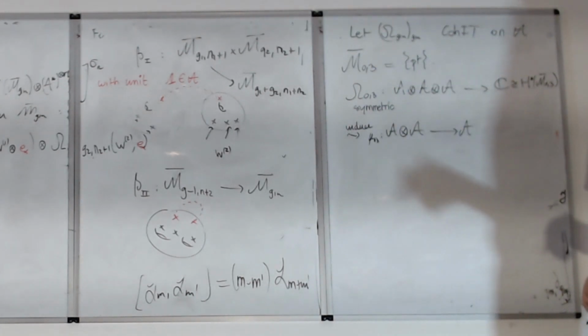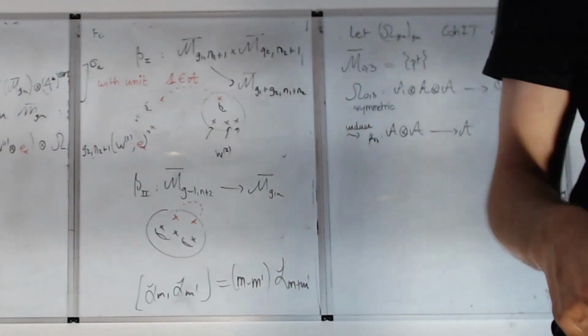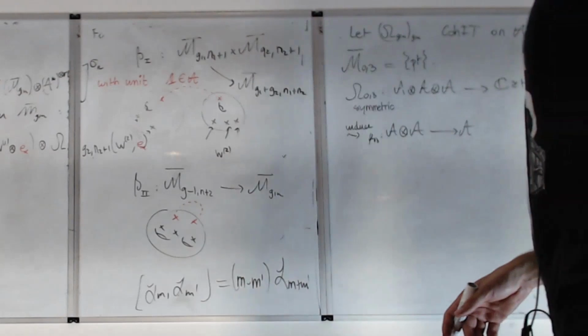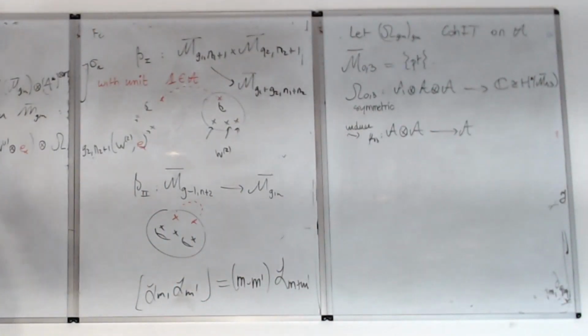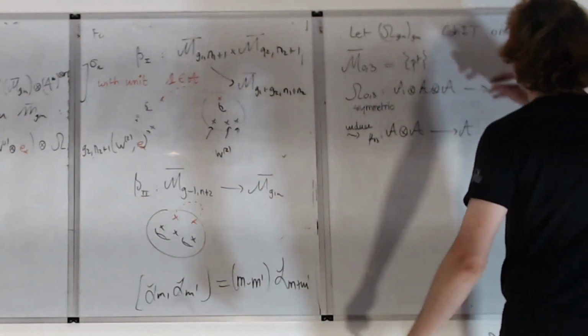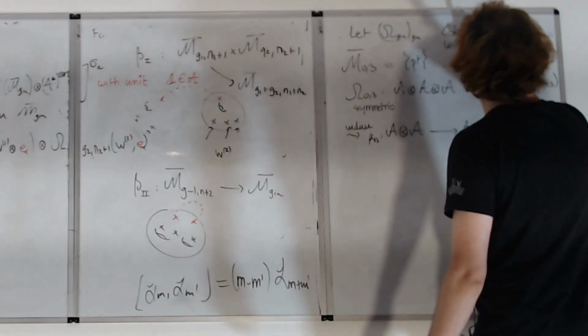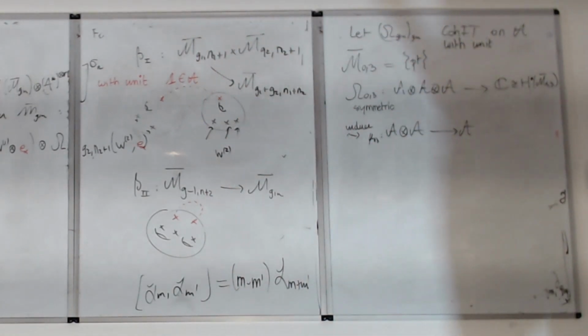Don't you also need some additional axiom on Omega_{0,3} with a unit, that it gives the metric? Let's assume it. I'm not sure one really needs it. You may have a Frobenius algebra without a unit. If you had a CohFT with a unit, you need another axiom, right?